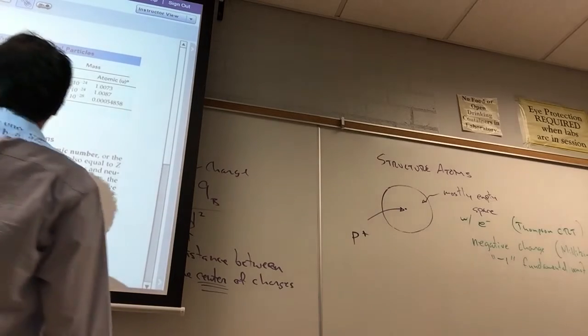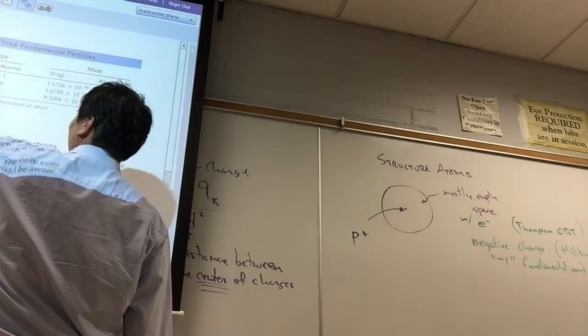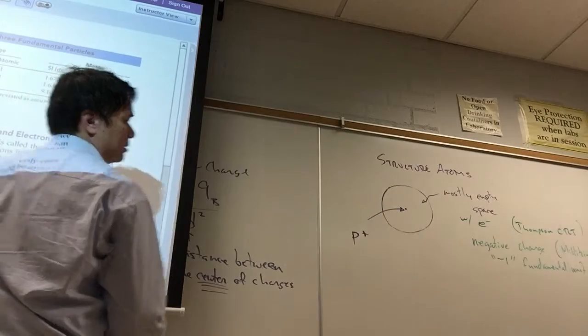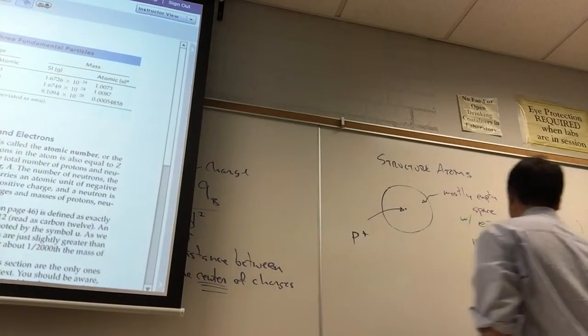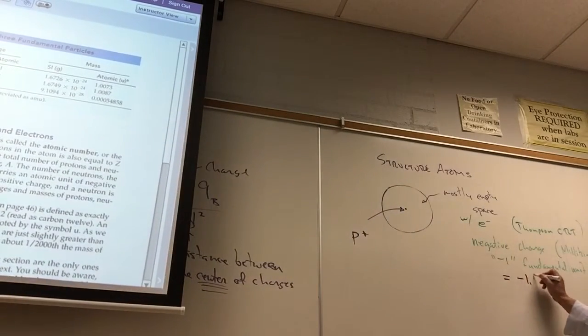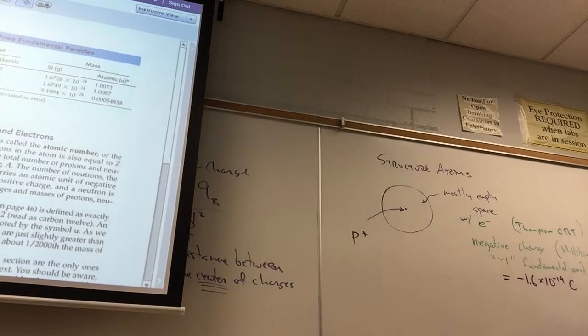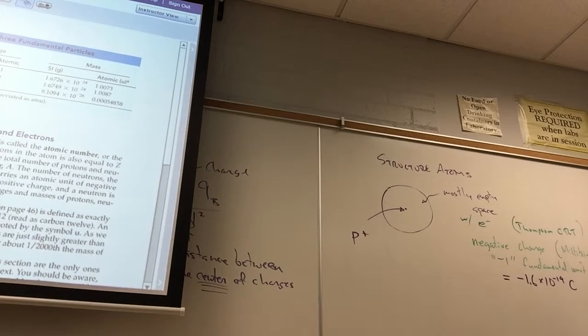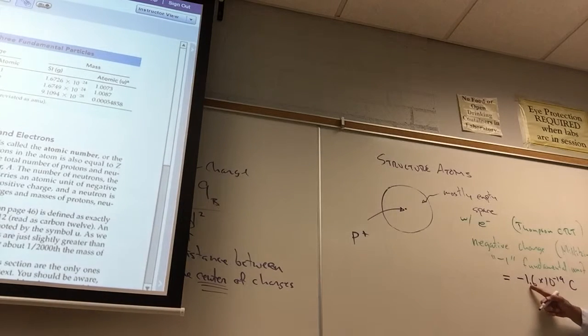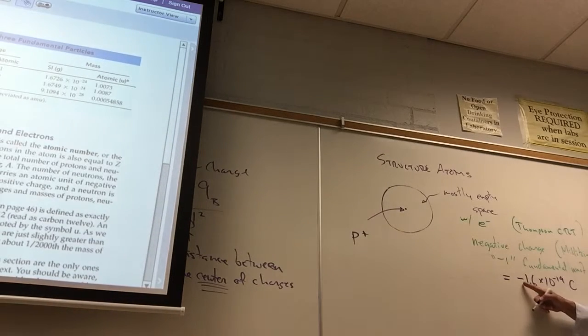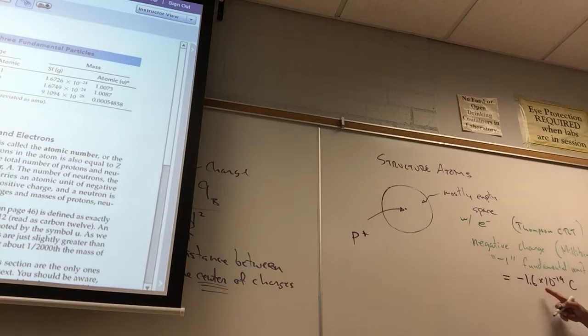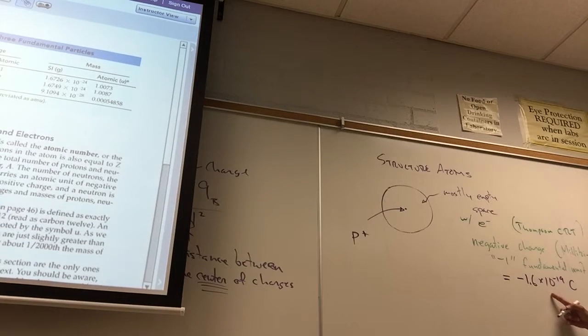The charge on the electron is -1.6 times 10 to the -19 coulombs. And so this -1 just means it's -1.6 times 10 to the -19 coulombs. Hey, can you have a charge that's -1.7 times 10 to the -19 coulombs?